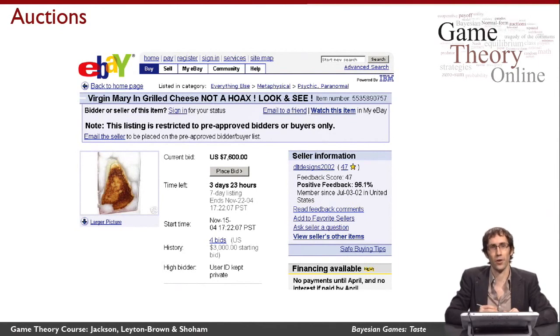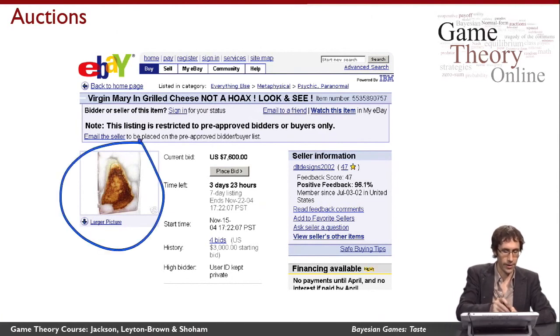Here's a famous auction that occurred on eBay a few years ago. This was a situation where a woman in Florida was eating a grilled cheese sandwich that she had made for herself. You can see a picture of it right here.